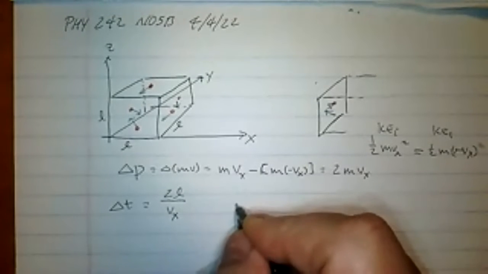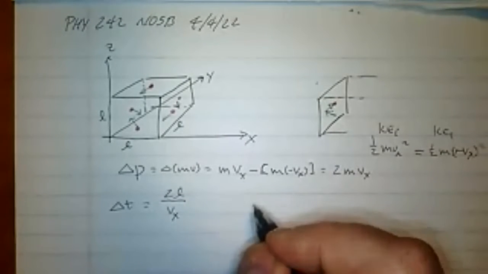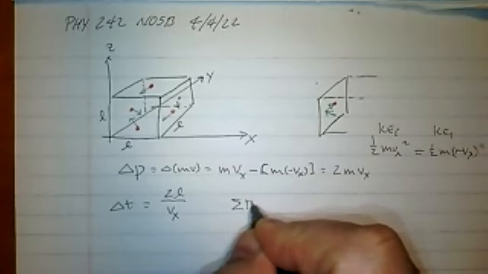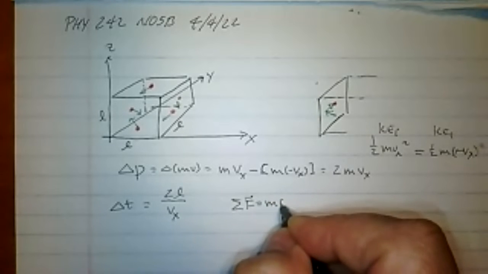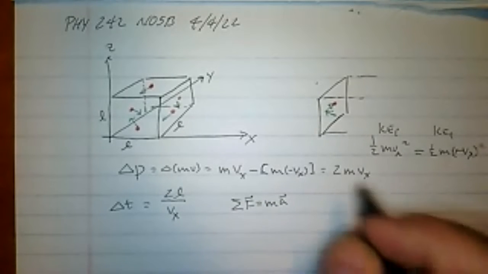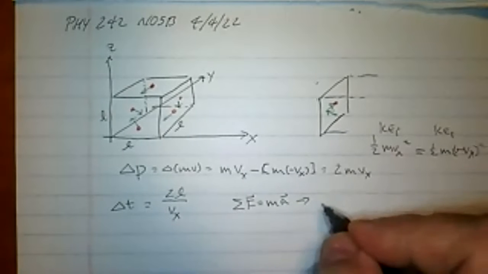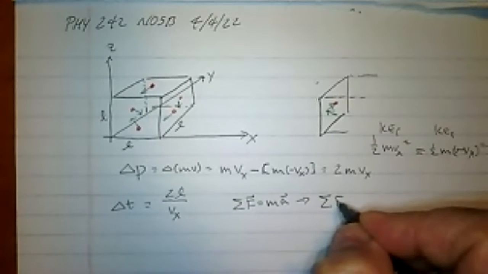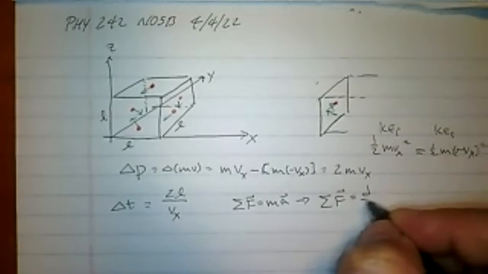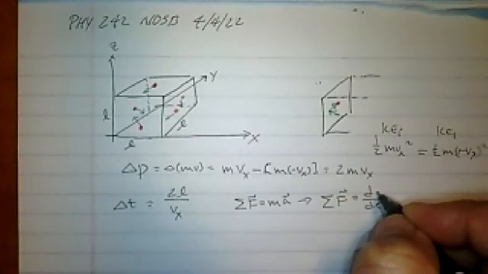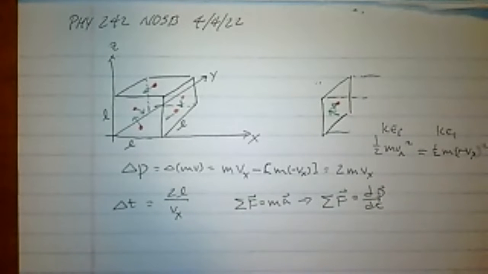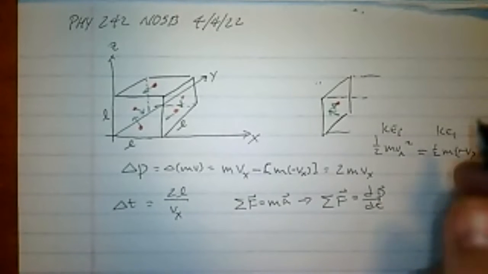And in fact, I don't know if y'all recall this, but Newton's second law, summation of forces equals mass times acceleration, was the way we originally learned it. But I told you, in fact, what Newton said was the total force is equal to d by dt of the momentum. Well, the momentum is mv.